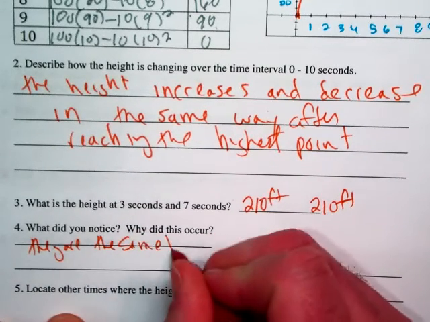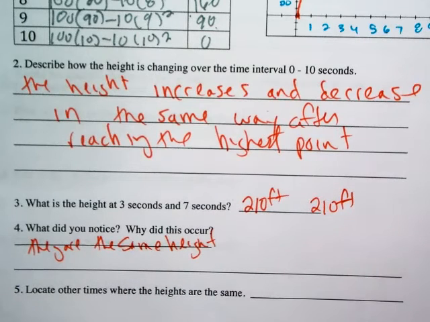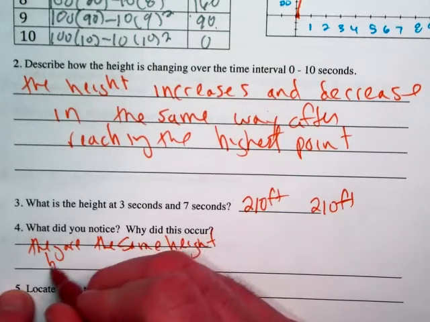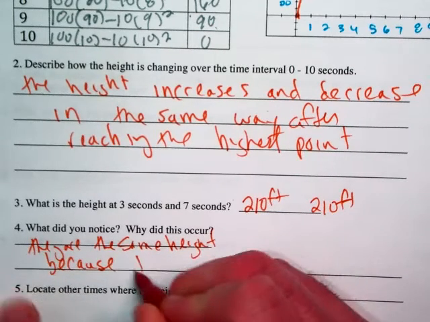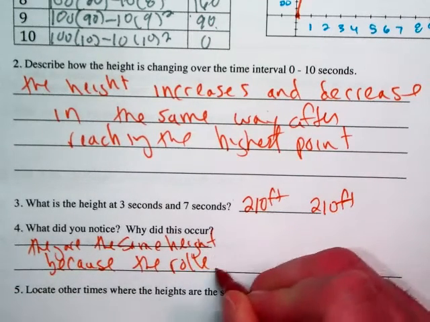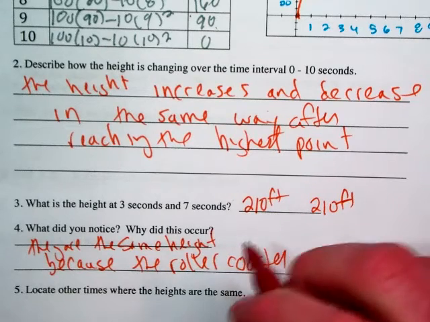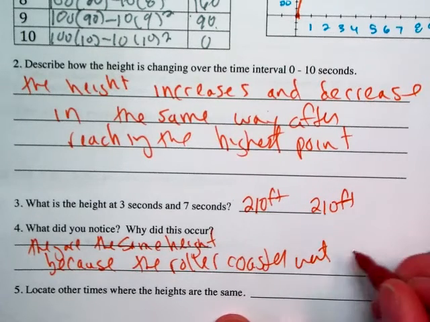I'm not sure. Maybe because the roller coaster went up and then down. So that means, of course, if it goes up, it's going to happen another time where it goes down at that same height.